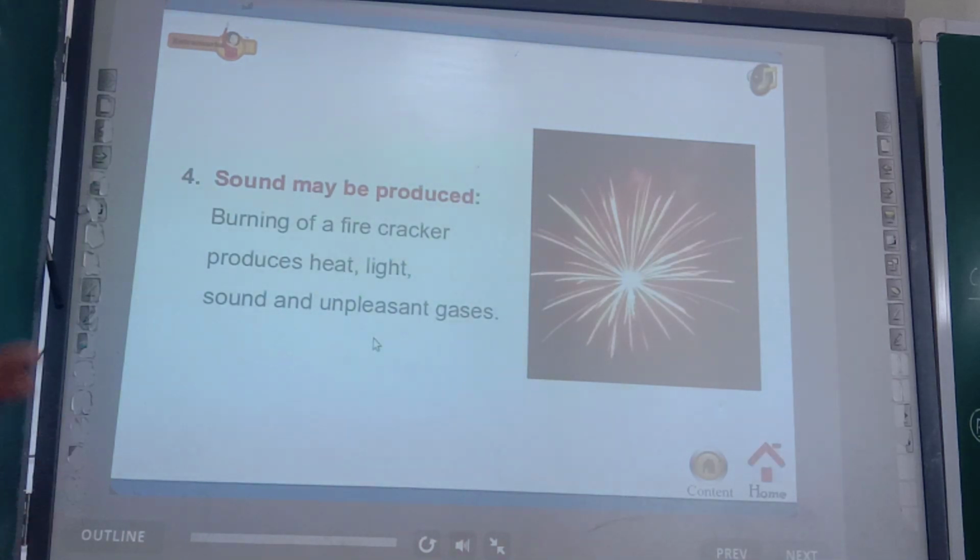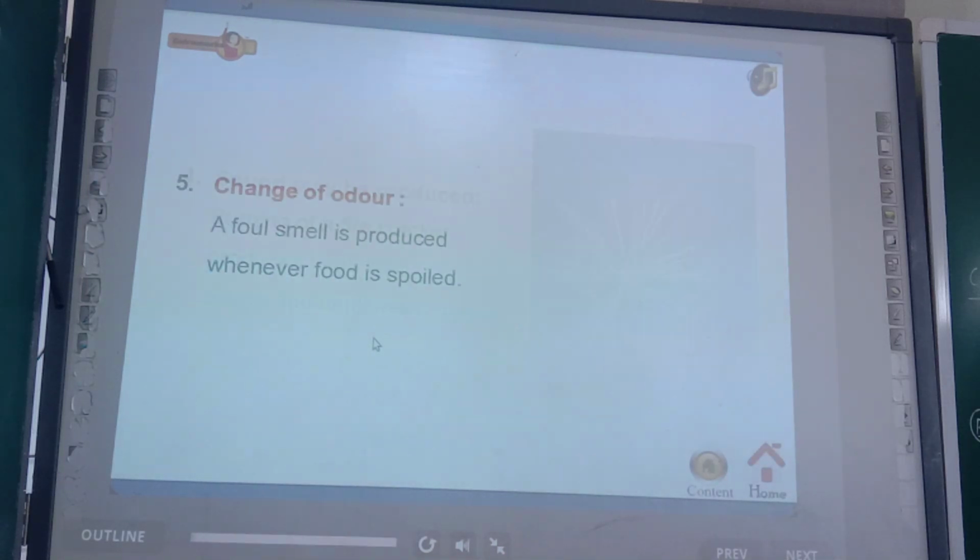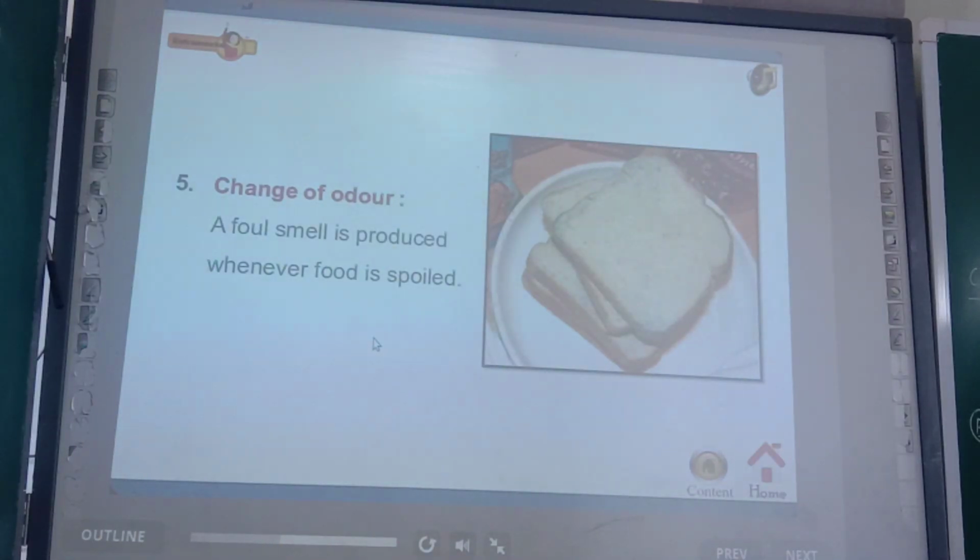So when crackers are burst, sound is produced or not? A foul smell is produced whenever food is spoiled. So a foul smell is also produced during a chemical change. Just see, when food is spoiled, what is there? Bad odor is coming or not?